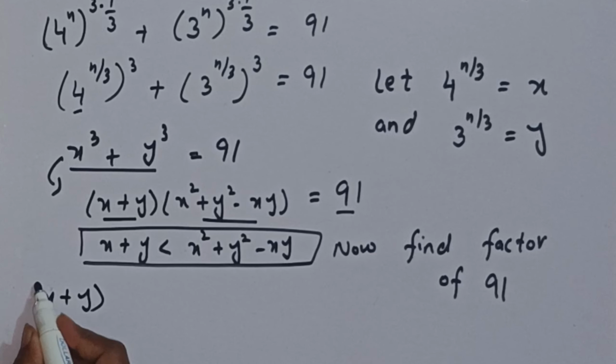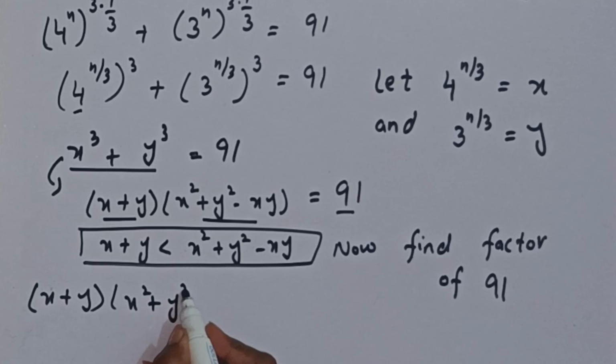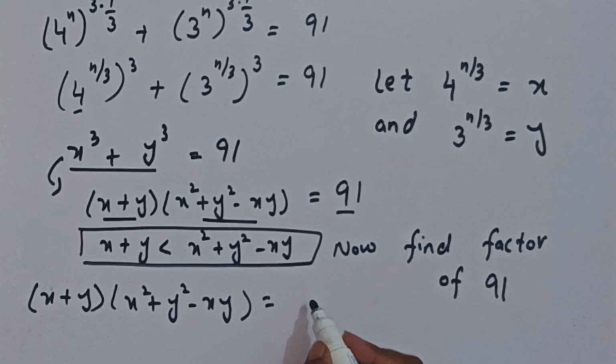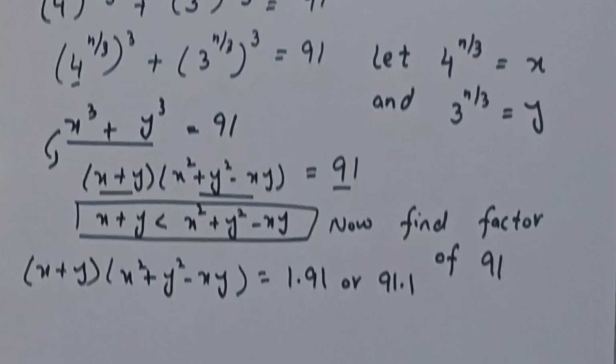So we copy the left hand side, and first factor of 91 is 1 multiply 91, or we can also write this as 91 multiply 1.